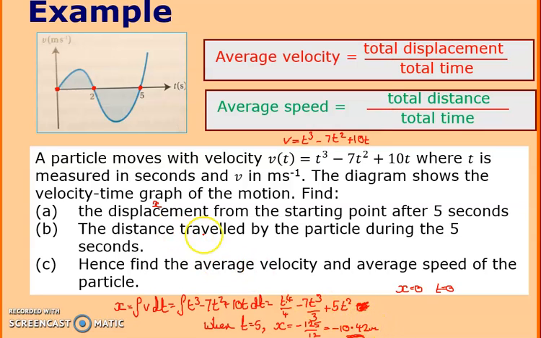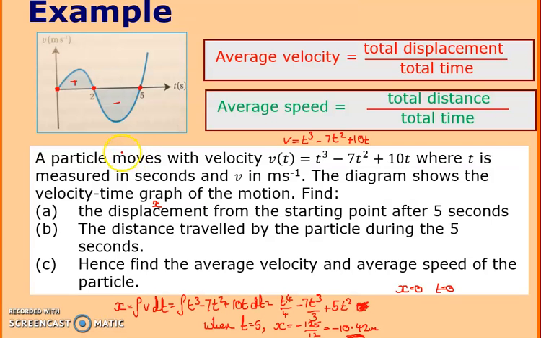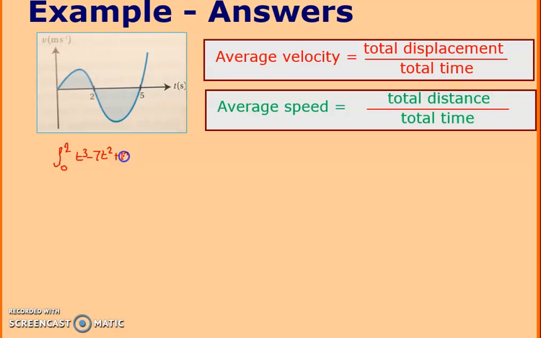I want now the distance travelled. Before I do that, just look at the graph. This is a positive direction, this is a negative direction. So I've got to find the distance from 0 to 2, and then the distance from 2 to 5. It might be easier to use an integration from 0 to 2 of my function, t cubed minus 7t squared plus 10t.